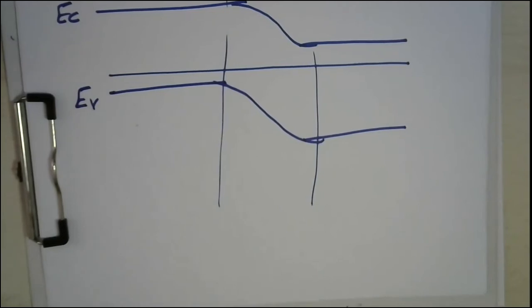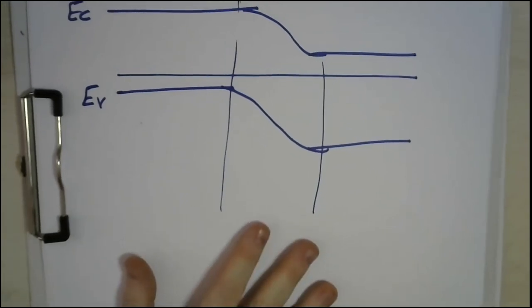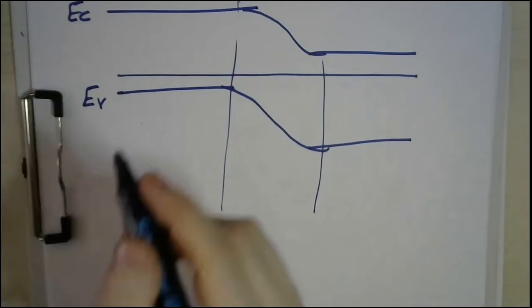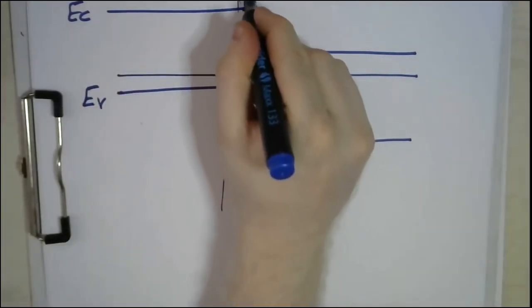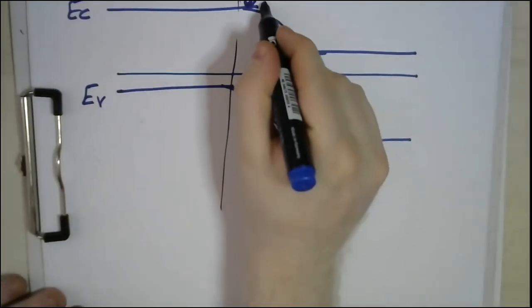So can we determine or estimate the direction of this potential? We have actually two ways, one conceptual and one graphical or mathematical. The conceptual one is very easy. So assume that you have an electron here. Based on the drift theory, this electron will drift in this direction.